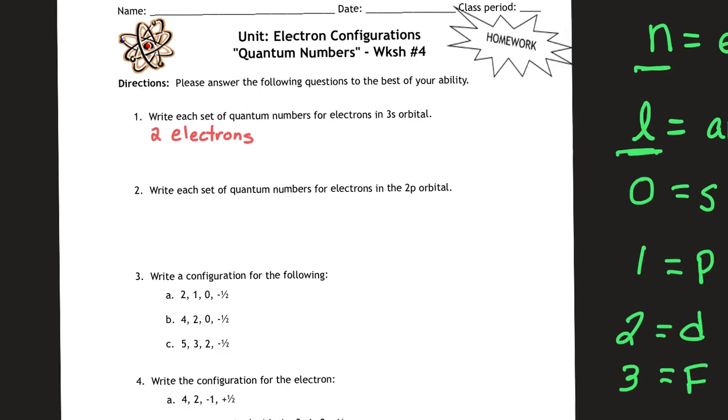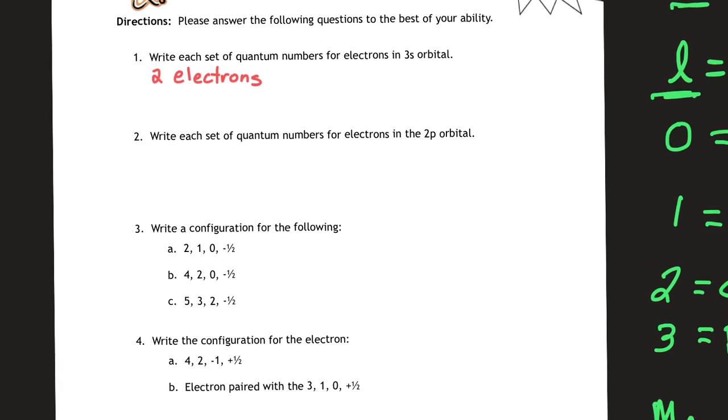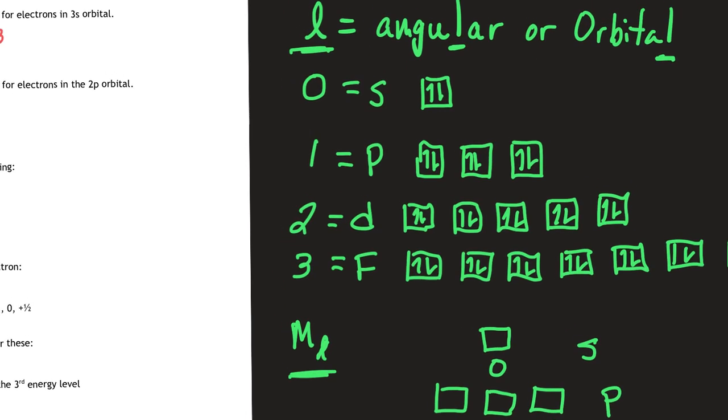Now I'm going to be doing their address, and I'm going to use my drawings over here. The first one is easy. n will be equal to 3, because it's telling us what the energy level is. Now l, I need to go over here and look to see what is the number that I use for the s orbital, because that's what we're doing, the 3s. Well, s equals 0.